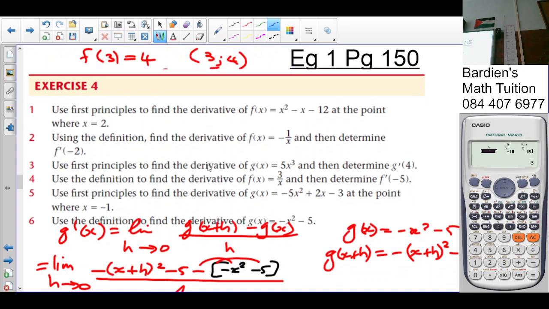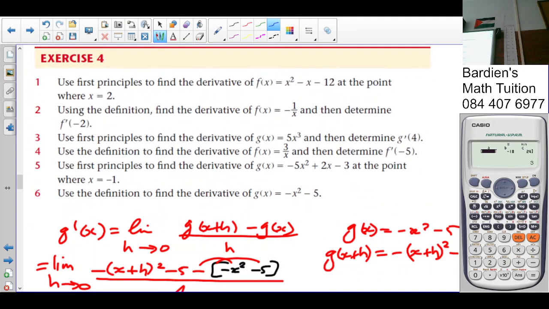When we worked out this derivative here, what was the answer? Exercise 4, go back to number 1. The derivative here was 2x minus 1. Can you see that?